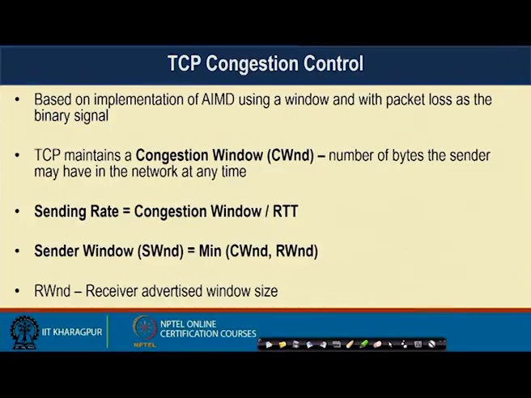But as we have seen earlier, we have another notion here which is the receiver window size, or the rate of the receiver, which comes from the flow control algorithm. So, ideally we have to merge the flow control principle along with the congestion control principle.